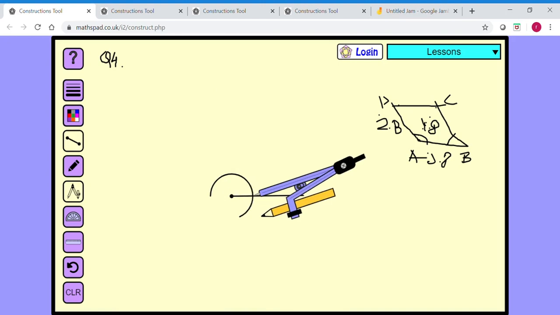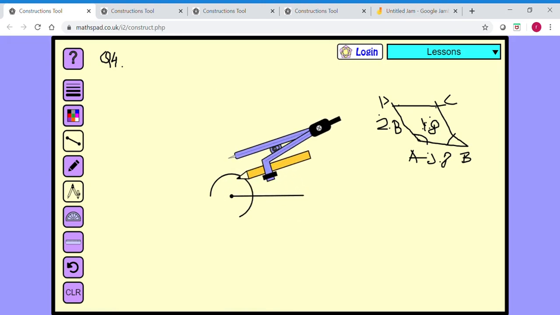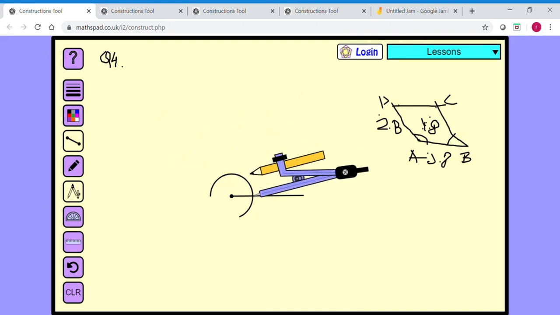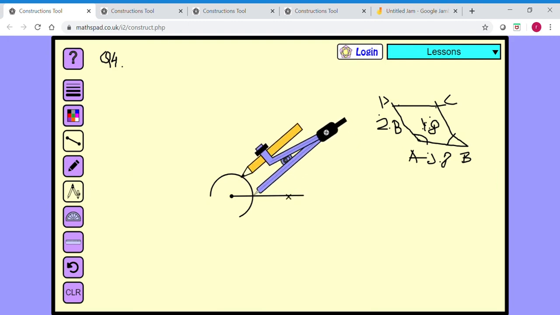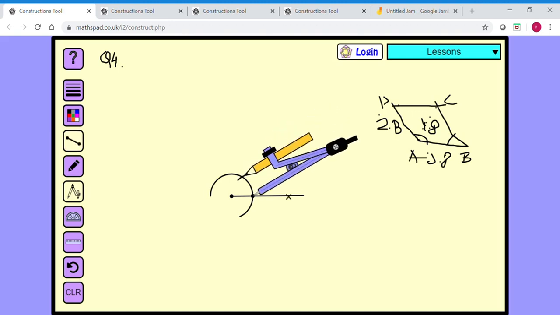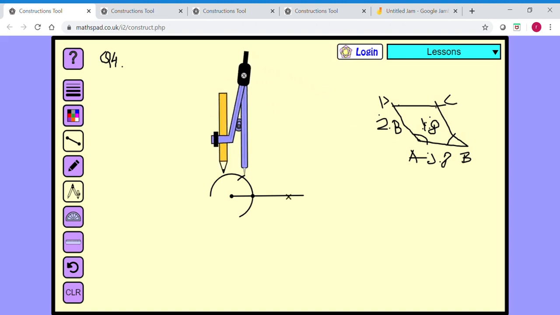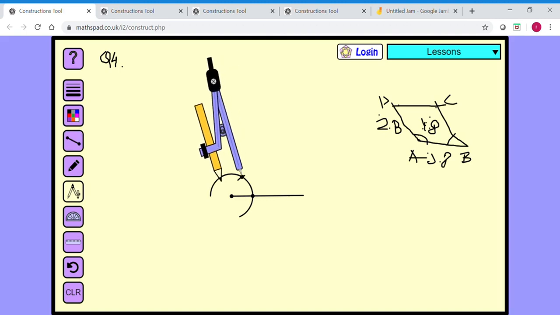I pick it up, put it on the point where it intersected AB, and I cut my first arc at a point which will give me the 60 degree line. Perfect. So this gives me the 60 degrees. I pick it up, I keep it at this intersection point, and I again cut my semicircle at one point, and this gives me a 120 degree line.